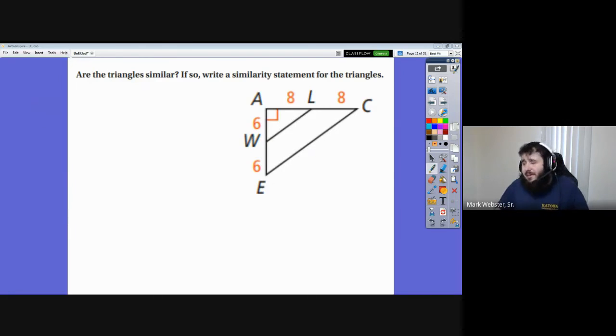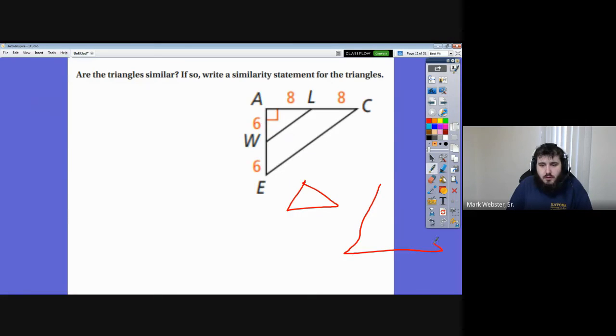Okay. Same idea goes here. Break them apart. Get two different triangles so that you have an easier time of seeing what you're doing, right? A, W, L, A, E, C, and then these are right angles, so you can just mark them.